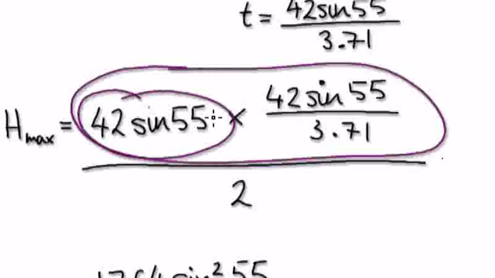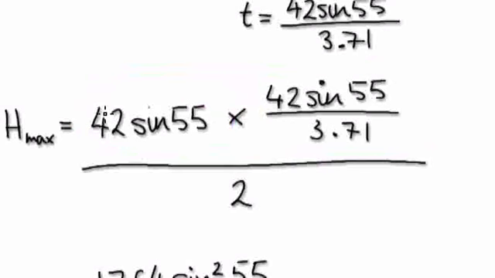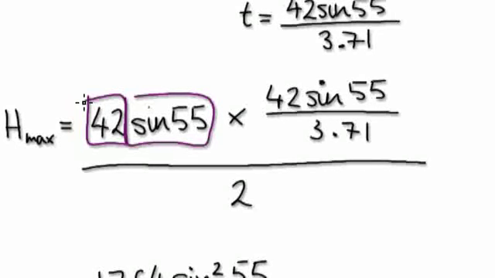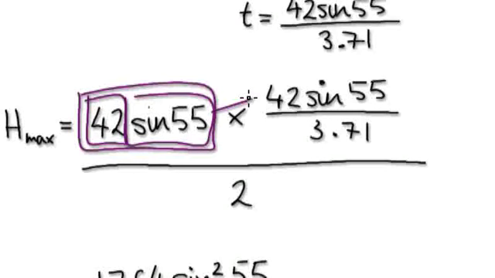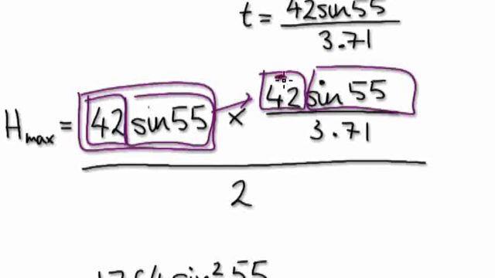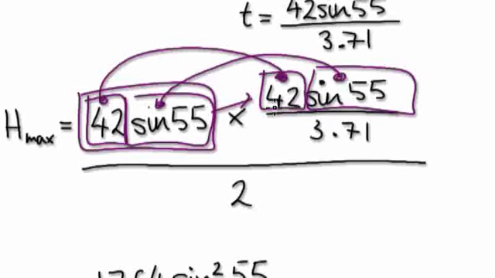You are getting this multiplying a fraction, so it's going to get multiplied to the top. At the moment, it's this times this, and then the whole thing gets multiplied to the top. So basically, you can get this times it: 42 times the 42, and this thing here times this thing here.